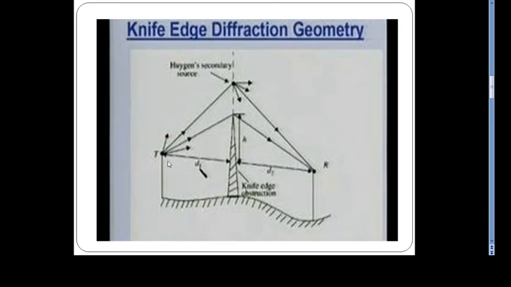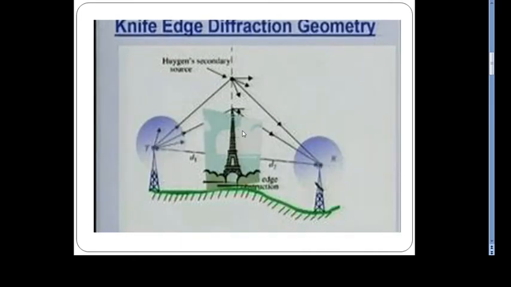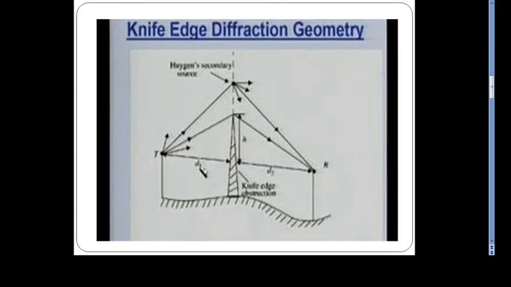D1 is the distance from the transmitter to this obstacle, and this is a knife edge. We can consider this a knife edge construction when we draw a theoretical model in this view. And D2 is the distance from the obstacle to the receiver, and h is the height.